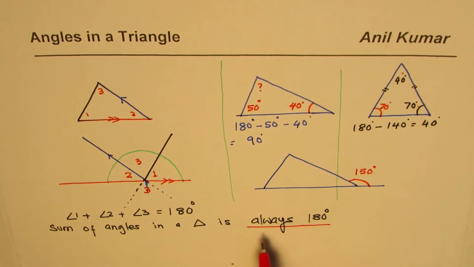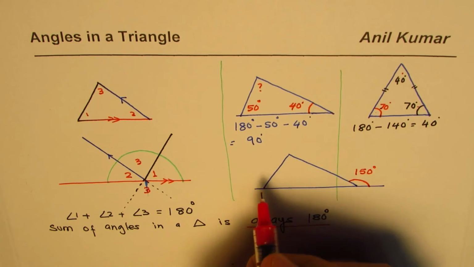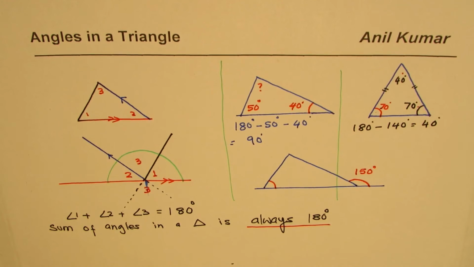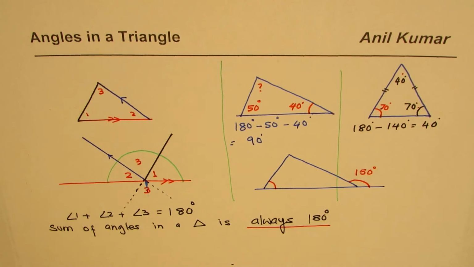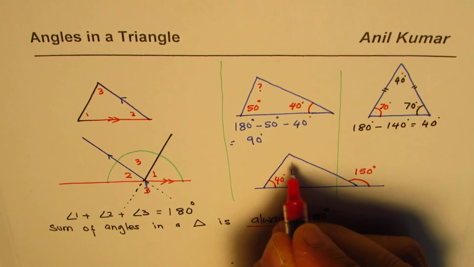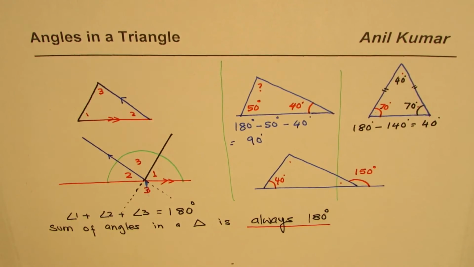If this is 150 degrees, then you have to find the other angles knowing one of them. So that's the kind of triangle which you need to work with. If this is 40 degrees, you have to calculate these two angles. How will you do it? Pause the video, think about it, and then try to solve this question.